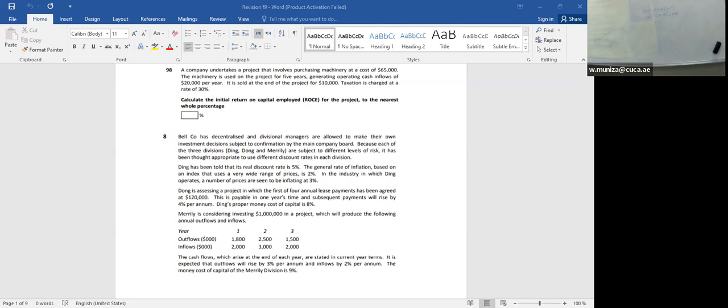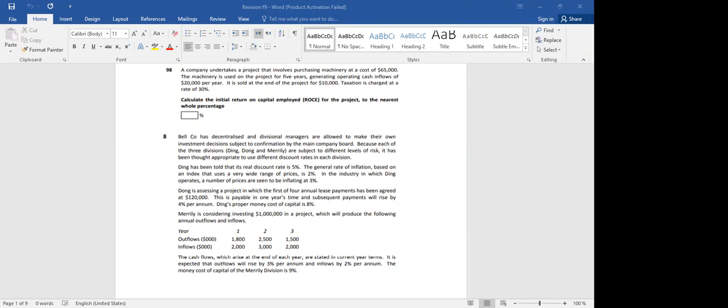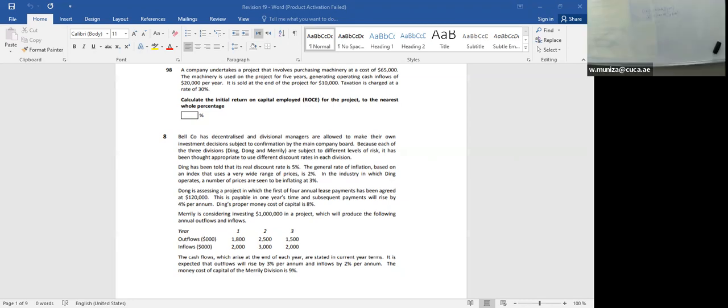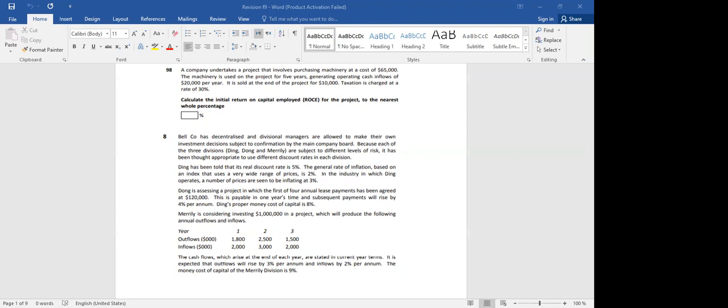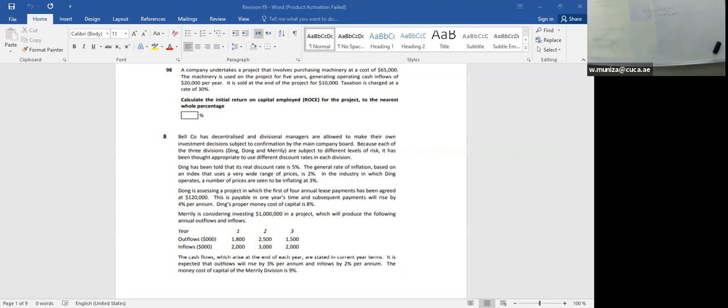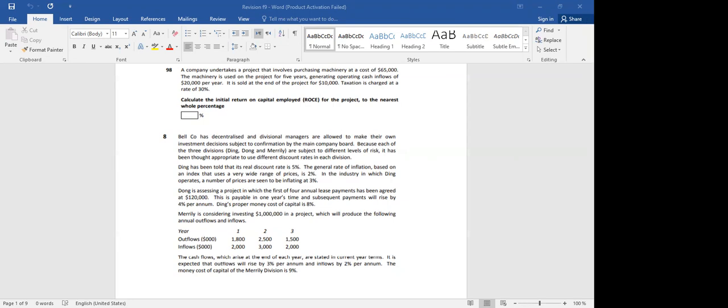For inflows, it is 2% per annum. For year 1, it's going to be 2040. Very good. And for year 2, it's going to be 3121. Excellent. And for year 3, it's going to be 2122.